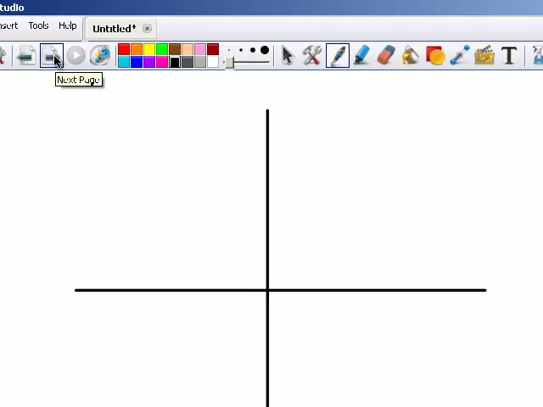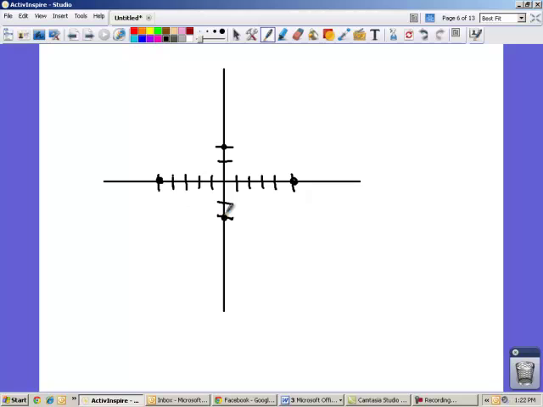So remember, this is horizontal, so the bigger number's going this way, 1, 2, 3, 4, 5, and then to negative 5. The co-vertices are at 2 and negative 2. I'm going to sketch it. And then I'm going to put the foci in, which is at 4.6, so roughly right there. And then you're done.